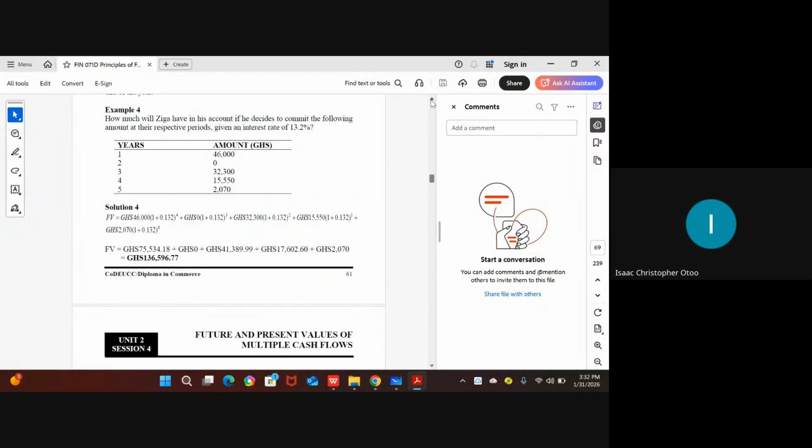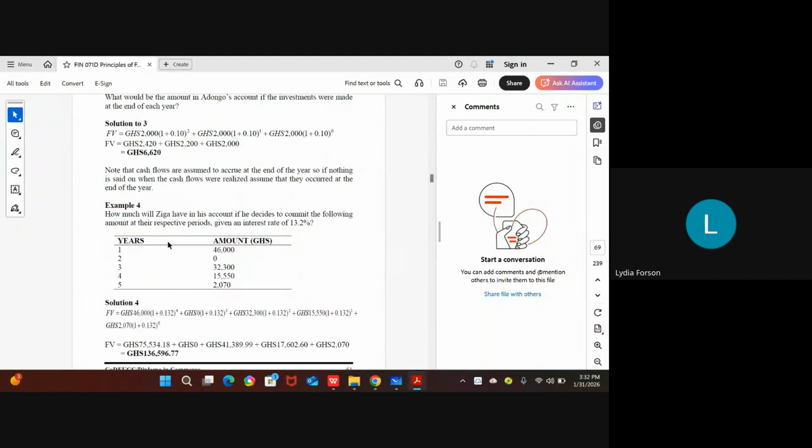So with 5 years, 1, 2, 3, 4, 5, the first would be 5, then the zero would have been 4, the third year would have been 3, this one 2, and this one 1. But I don't know why they started from 0. So they made a mistake. Okay, thank you.